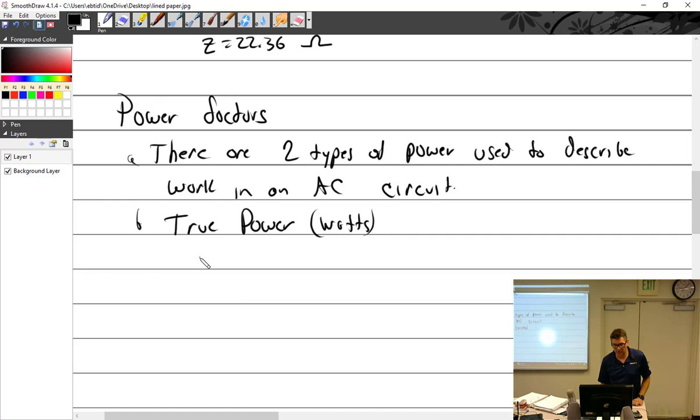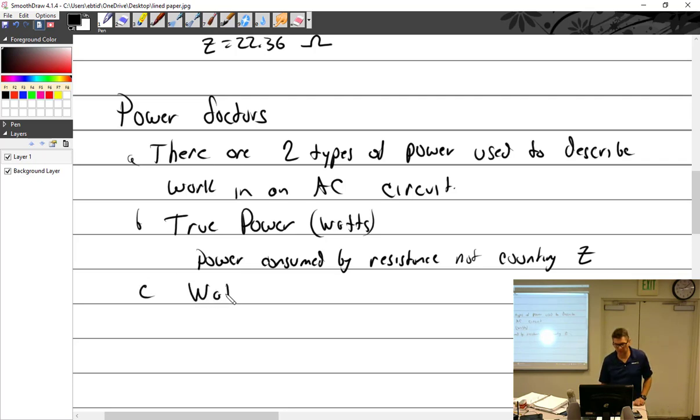So power consumed by resistance, not counting impedance, Z, inductance or capacitance. So it's measured in watts, which I already said.